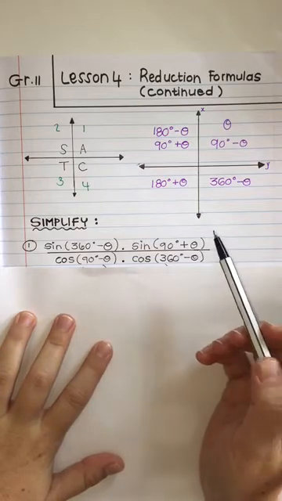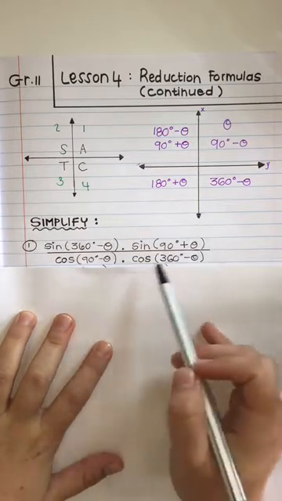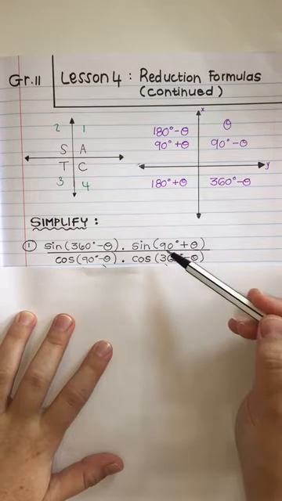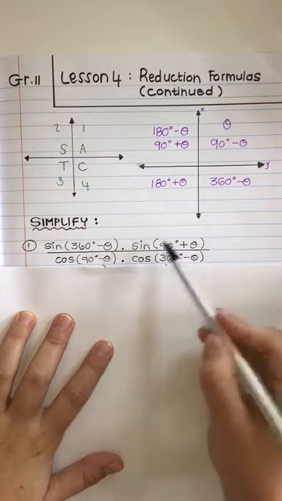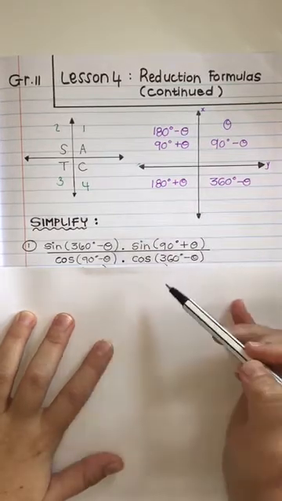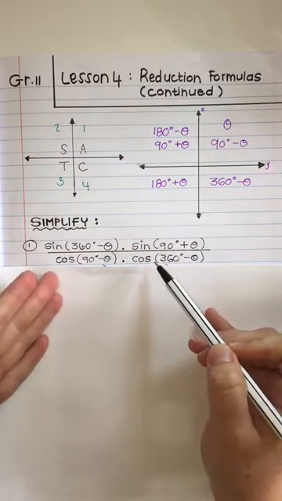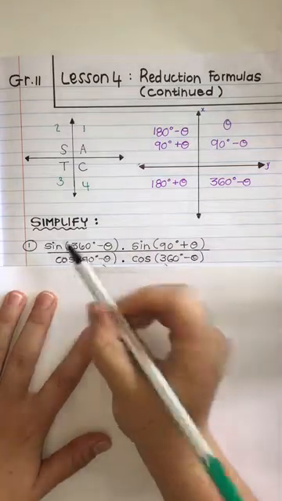Okay. So for us to cancel out in division, obviously we need sine at the bottom or cos at the top so that we can cancel out and simplify this, because like this, we cannot do anything with it. We can't simplify it. So we're going to do it one by one.